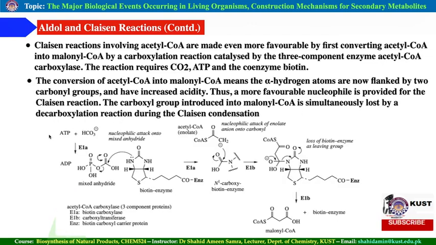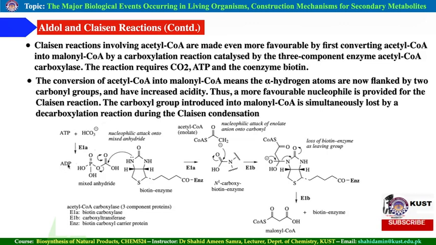So it's shown here. First of all, we have to get the activation of our group, and this activation is brought about by first converting bicarbonate, that is actually the aqueous form of carbon dioxide, utilizing ATP in the presence of the enzyme biotin carboxylase.